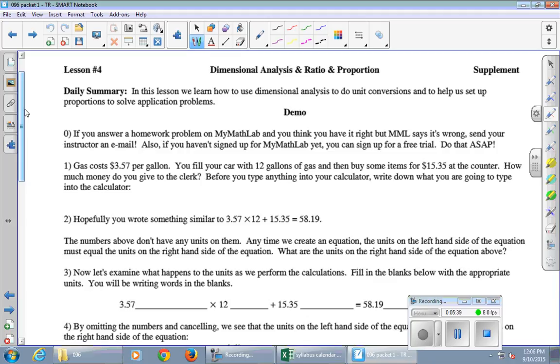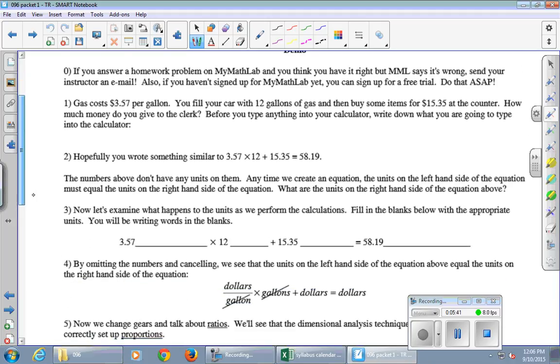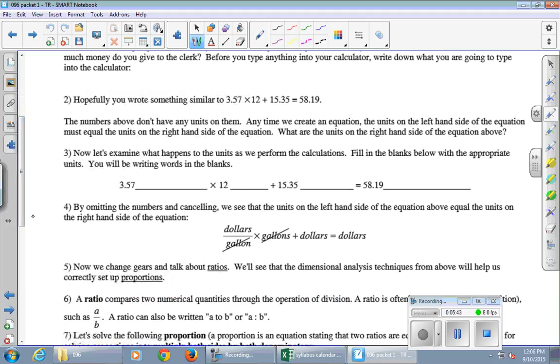Reasonable? What I want us to do is write in some units here. So jumping down to number 3 with all these blanks. It's the same calculation, 357 times 12 plus 1535 equals 5819. But I'm going to put the units in the blank words here. We'll start with the 12. That's 12 what? That's 12 gallons. 1535. That was dollars.